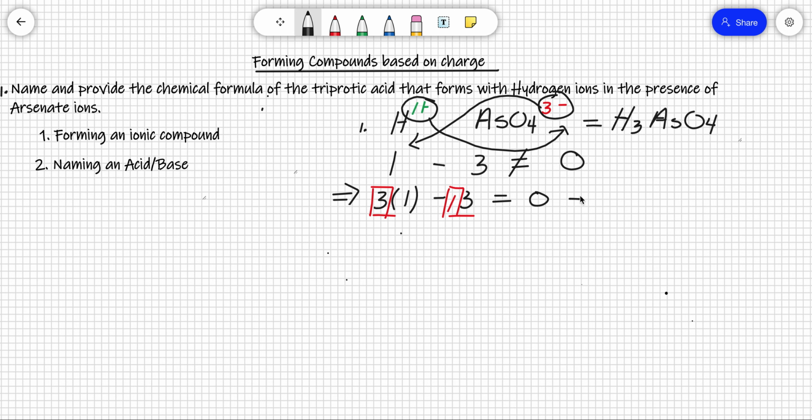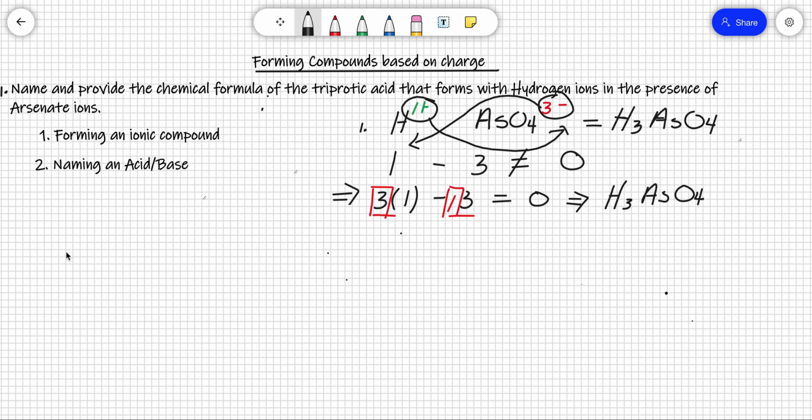So when you rewrite the compound, it becomes H3AsO4. That's why the fish works. Basically, it's an easy way to get the compound to the correct balance. Now, remember that it has to be the simplest whole number ratio. For example, if this was a 3 and a 3 over here, then they would both become 1. You have to reduce.